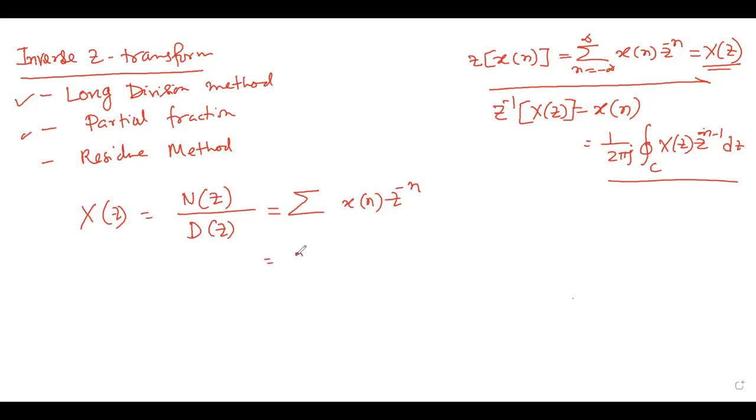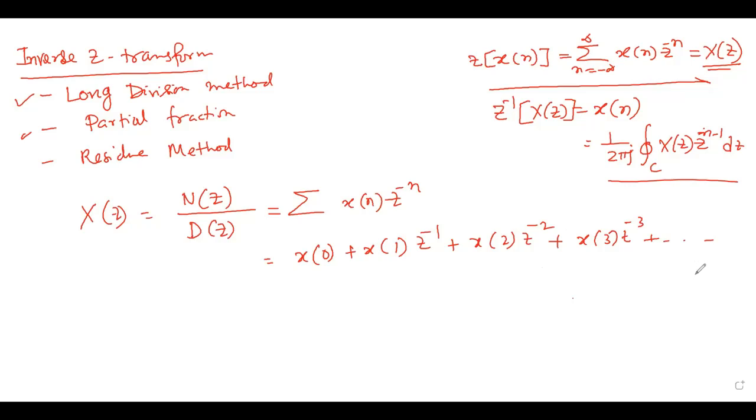That means here you can write x[0] plus x[1] z to the power minus 1 plus x[2] z to the power minus 2. That means we will divide using the division rule and expand it in this form.